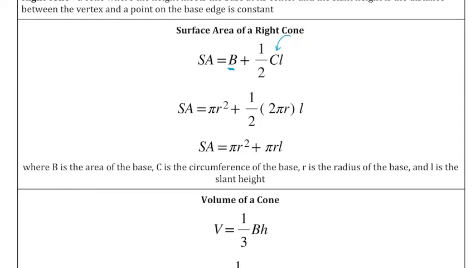So for a cone, the simplified formula is going to be pi r squared for the area of the base plus pi radius slant height, from this 1/2 circumference times the slant height. So pi r squared plus pi r L for our circumference.